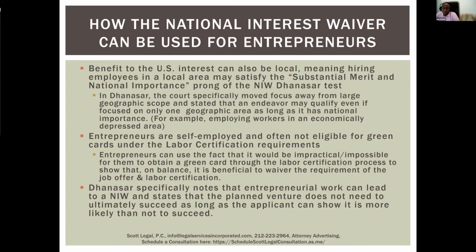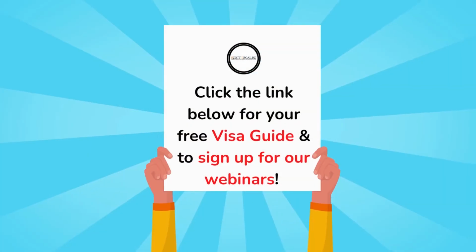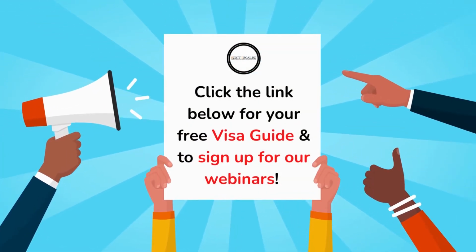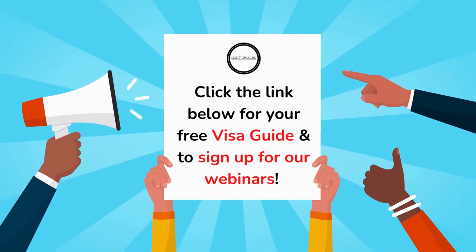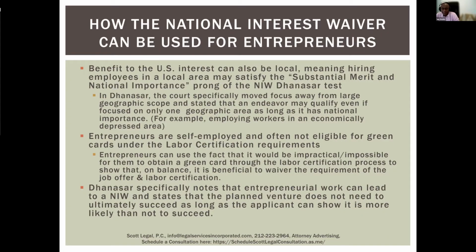So, in terms of for entrepreneurs, the Dhanasar case specifically, before, when you tried to prove this particular category, you had to say, okay, well, the national impact, it's going to impact every state or almost everyone. But now you can actually have something that impacts a much smaller geographical area and still be fine for this.